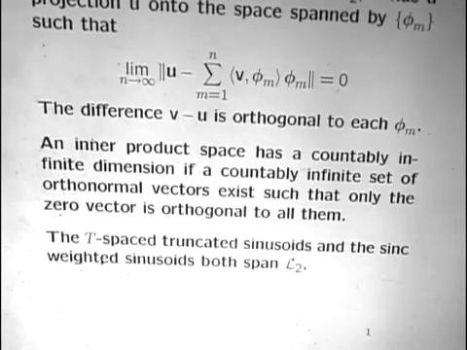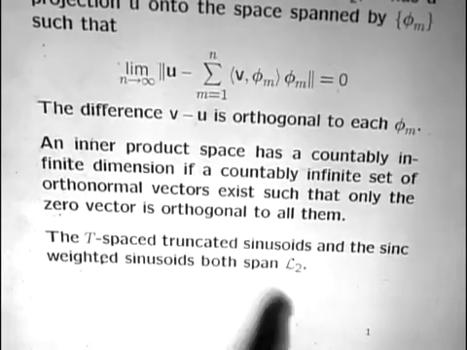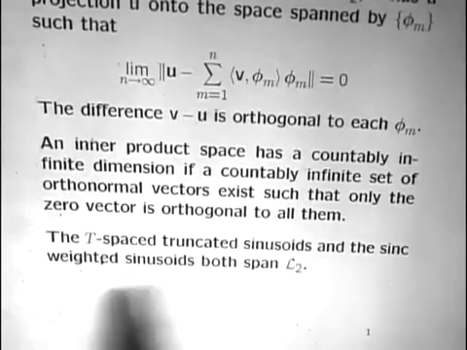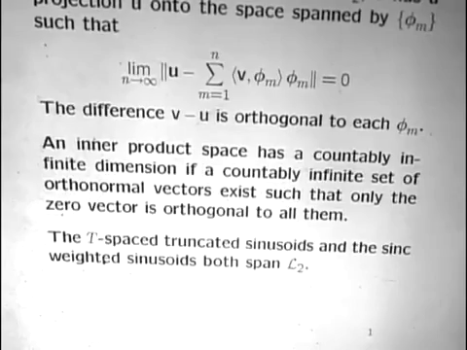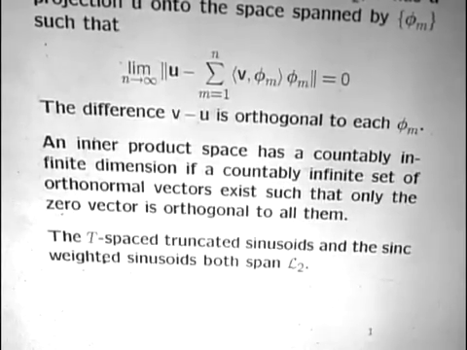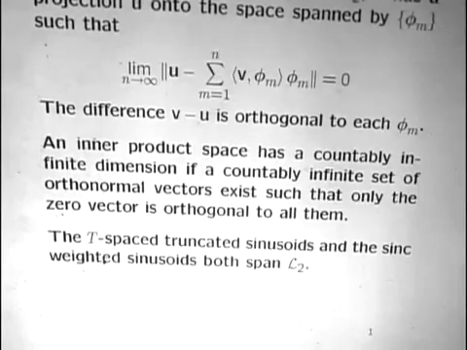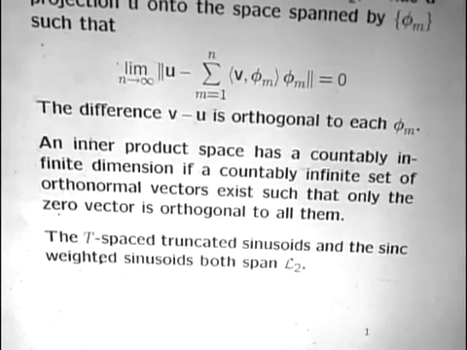So the next thing that we did was to show that the truncated sinusoids and the sync-weighted sinusoids both in fact span L2. In other words, for any function in L2, after you represent it in terms of that series, what you have left over has to be orthogonal.